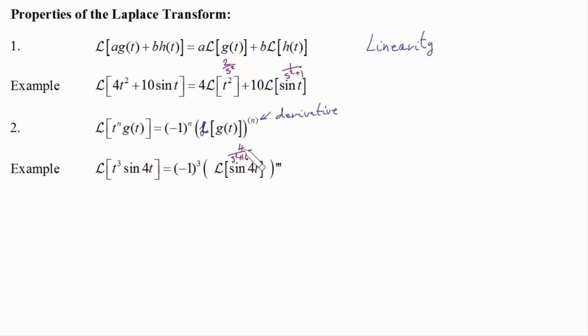But then we have to take the third derivative. This is prime, prime, prime, meaning third derivative of this, and then multiplied by minus 1. And just in case you're wondering, you want to try it yourself, the third derivative of this comes out to be this. Minus 1 cubed is minus, so the final answer would be minus with the minus, and there we are, the transform of this.